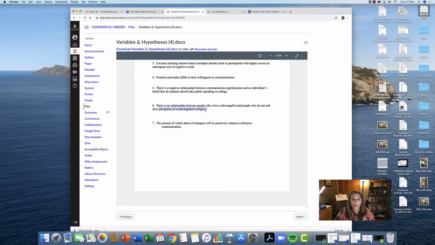That's going to be my dependent variable. And whether people view a televangelist on a regular basis or do not is the independent variable, because that's going to affect your perception of their religion.